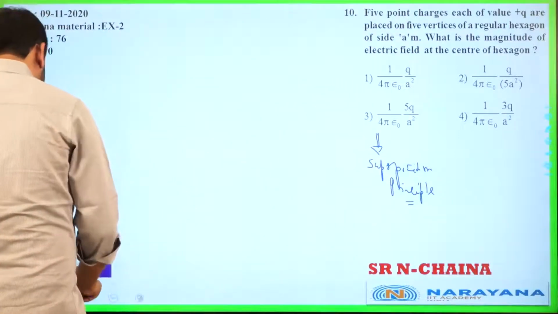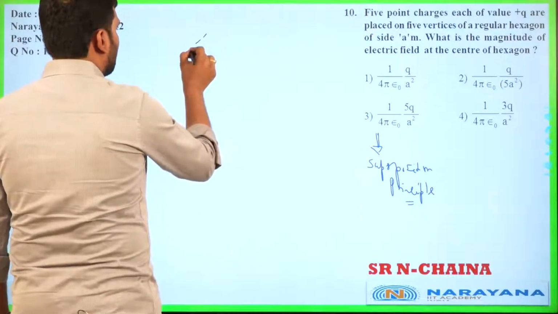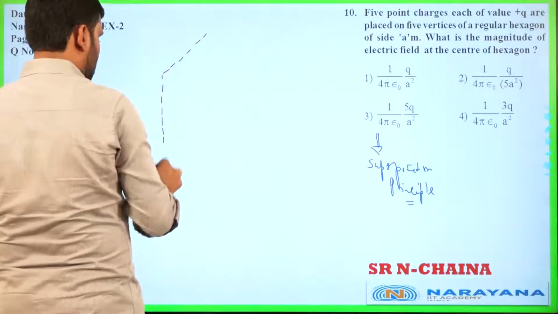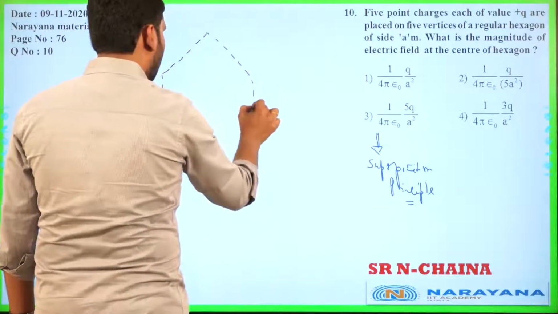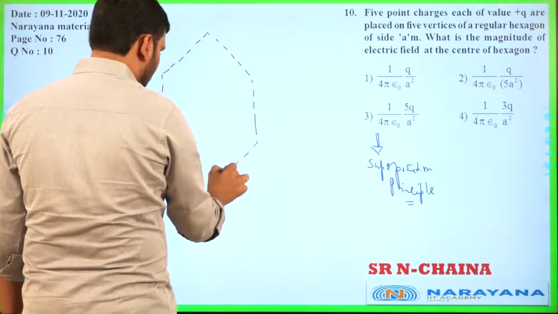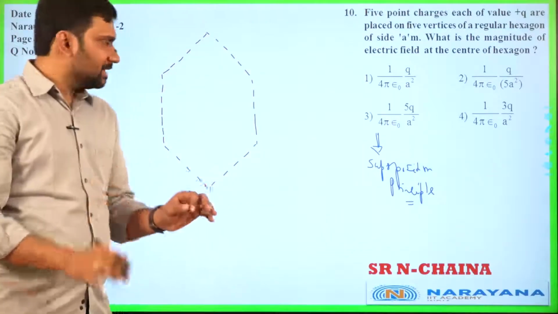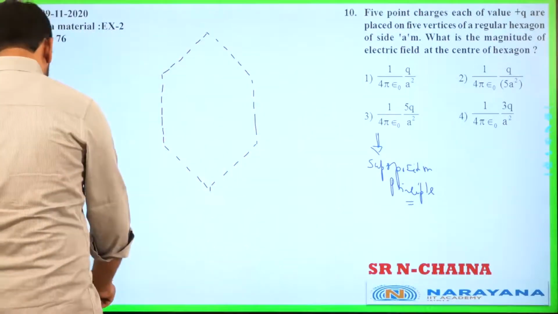So let us first draw a hexagon. Let us assume that there are equal charges in all vertices.